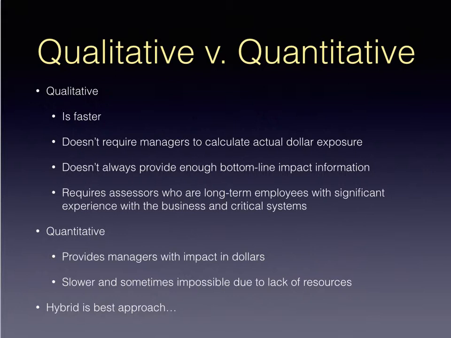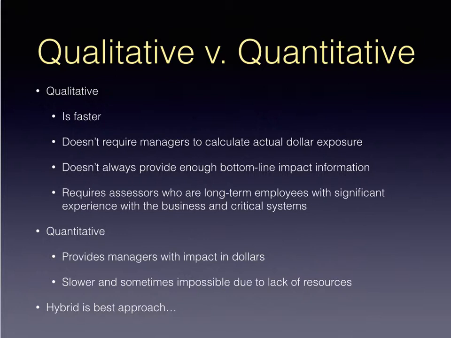A qualitative assessment is an excellent way to do a quick look to see how much risk your business is actually exposed to because of these new things. It doesn't always provide enough bottom line impact information, however, and it requires assessors who are long-term employees with significant experience with the business and its critical systems.